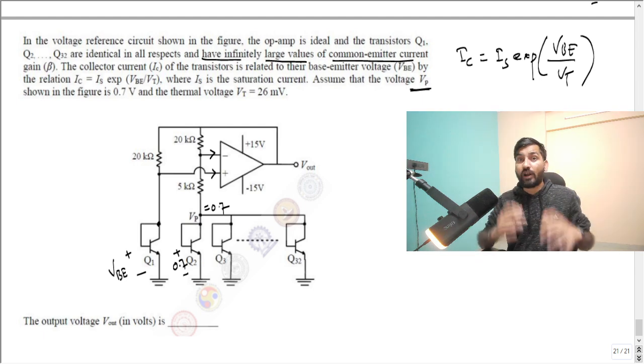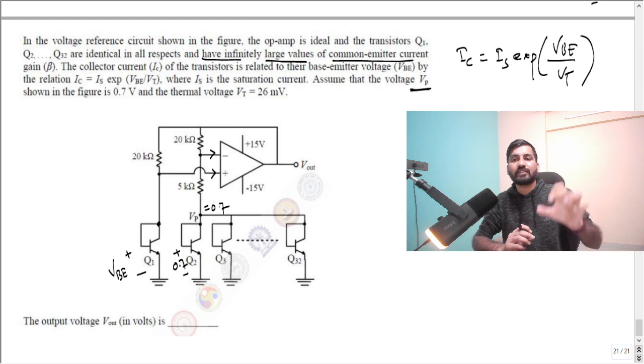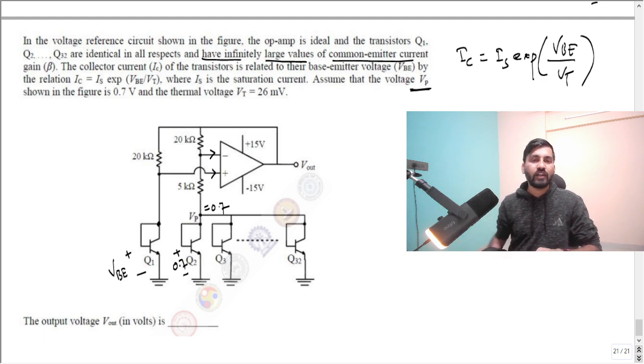The mistake we always make is to consider this VBE as 0.7 only. If you consider it as 0.7, you will not get the correct answer in range, since it is an NAT question.